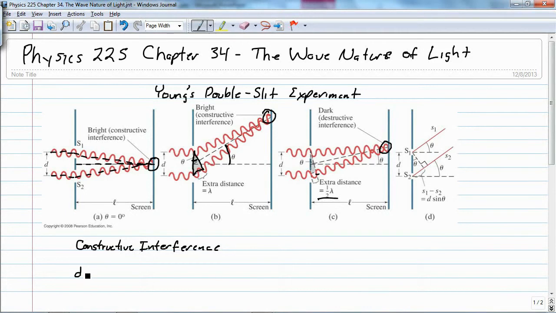We have d, the distance between the slits, sine theta is equal to m times lambda.